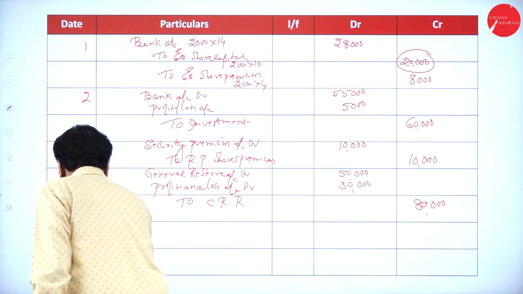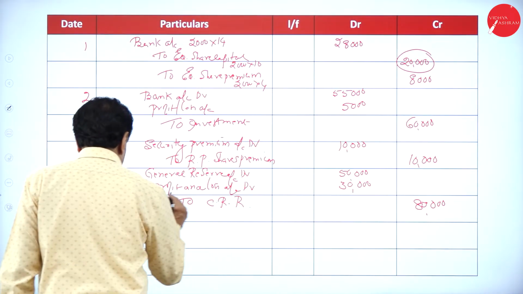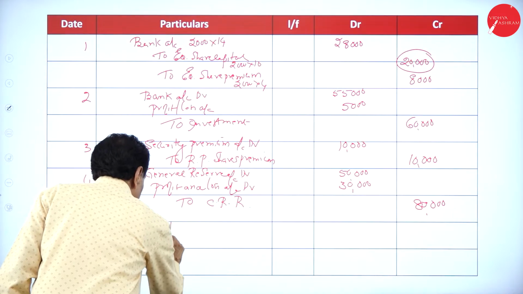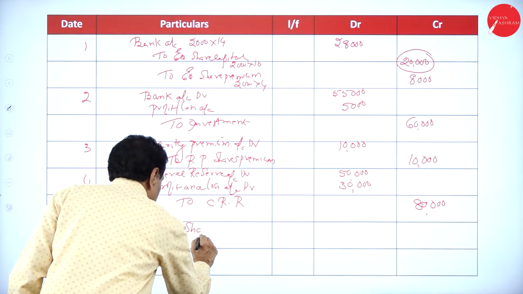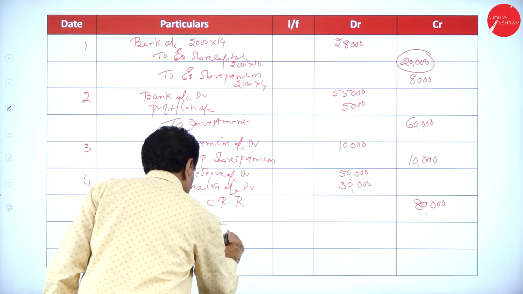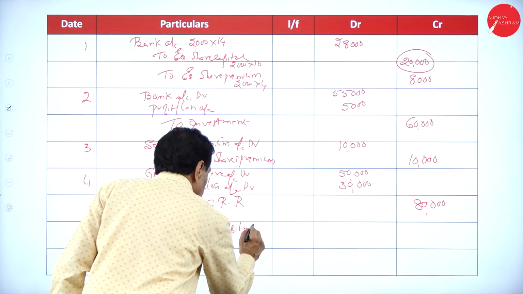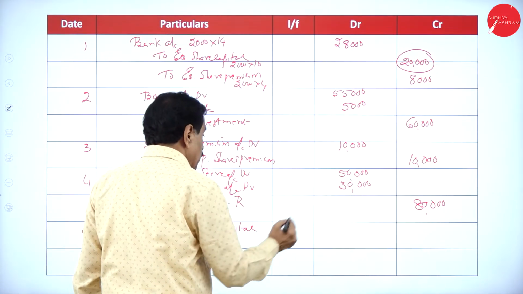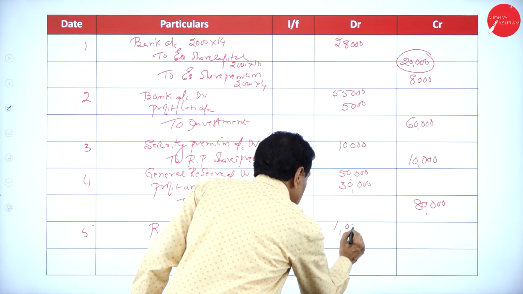Number 5. Transfer entry. Redeemable preference share capital, redeemable preference share 1 lakh.